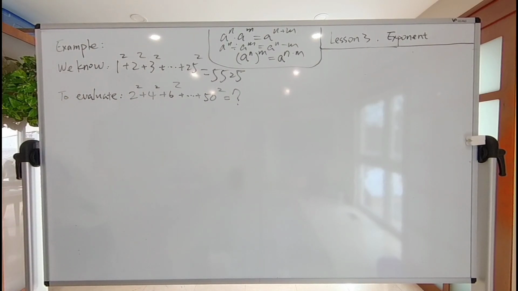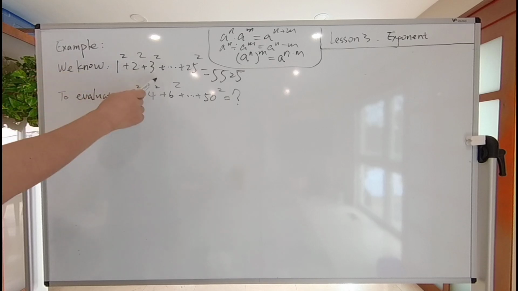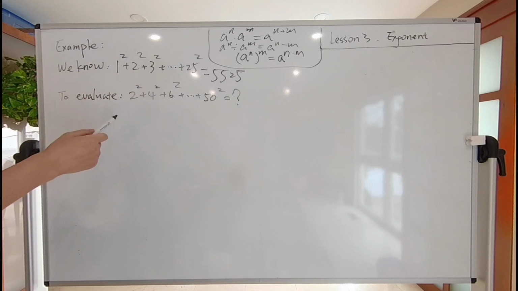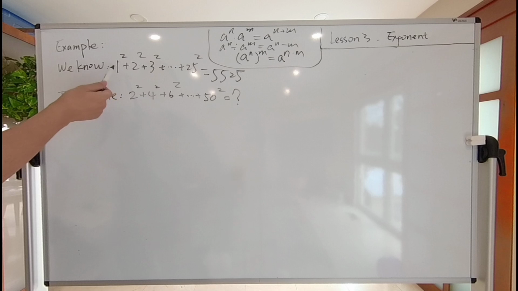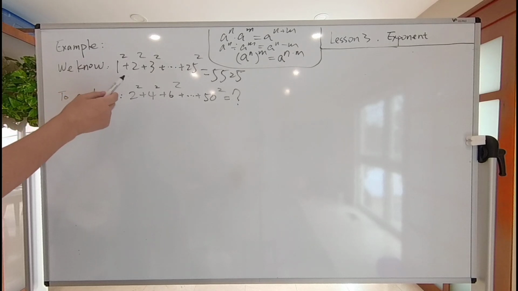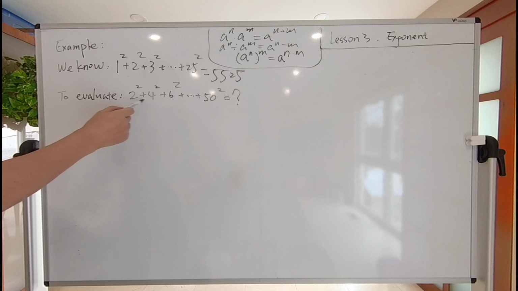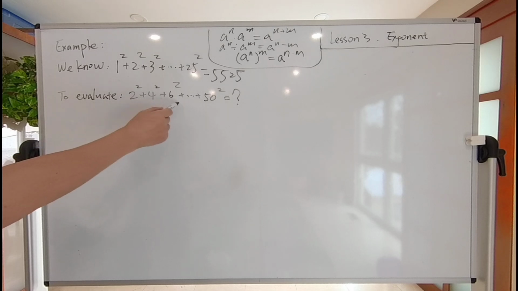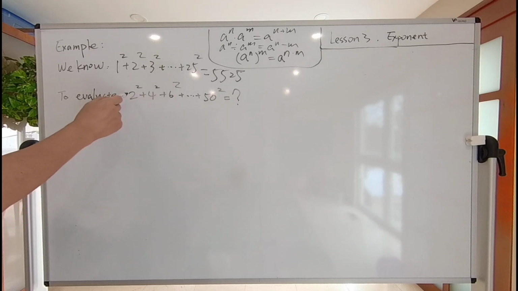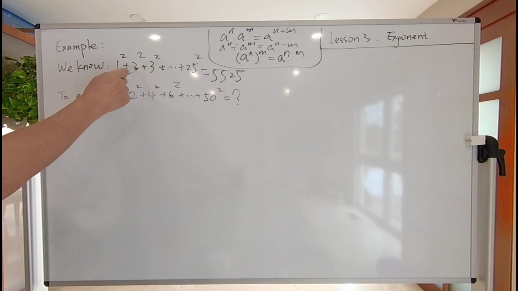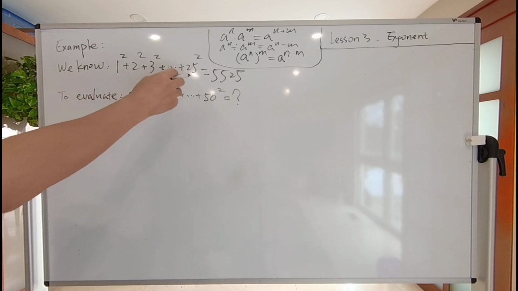Of course we want to use the conclusion that we already know, find the similarity to compare with our problem, and see if there's any pattern or relation. Obviously the pattern is that every number in the second expression is 2 times the number from the first expression, which is a known condition.